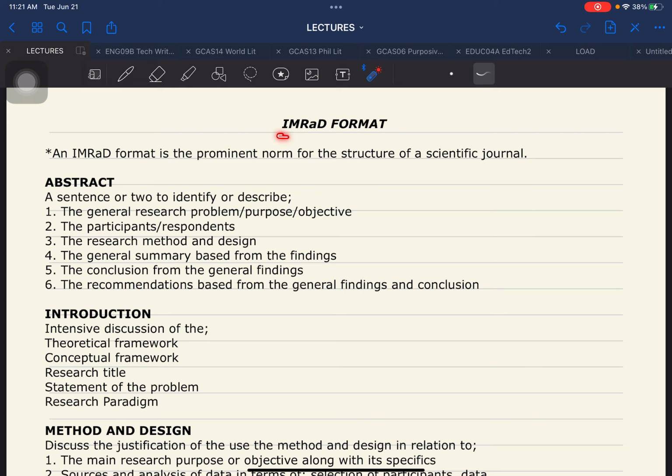So the purpose of an Imrad format is for the publication of a study in a scientific journal. So I hope that is already clear.